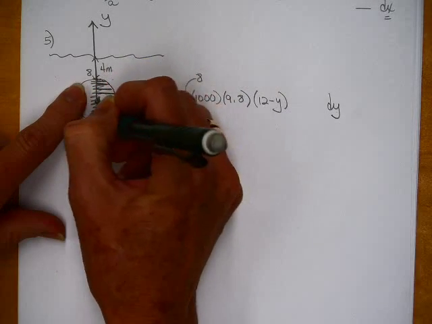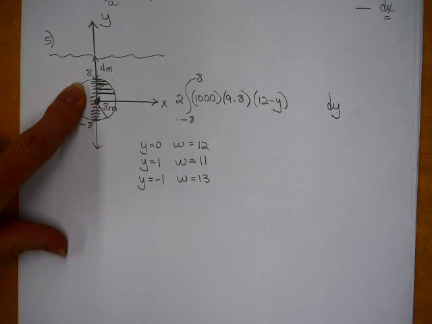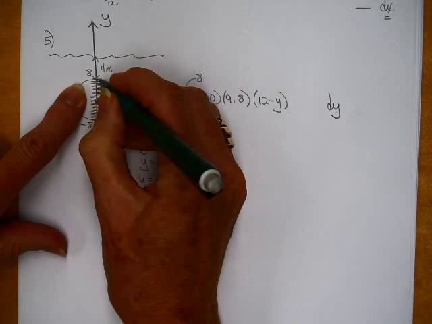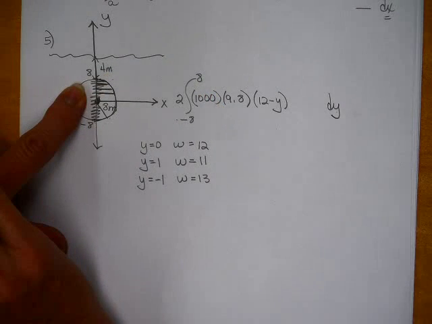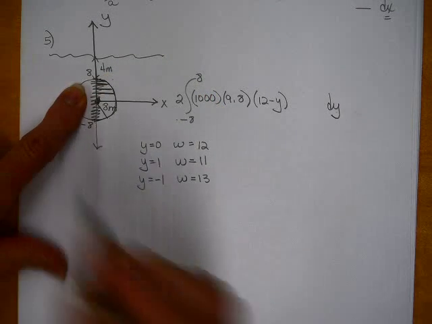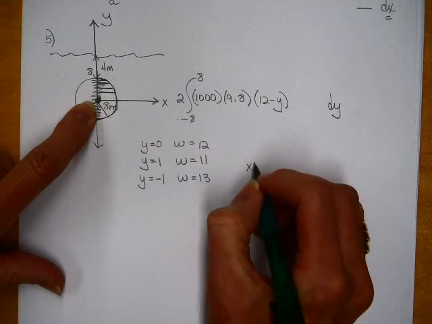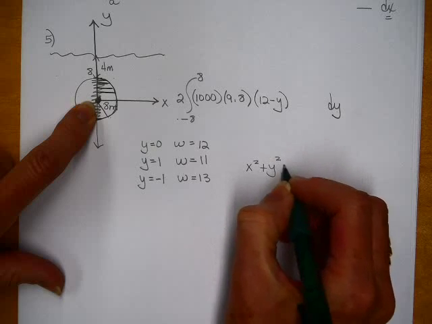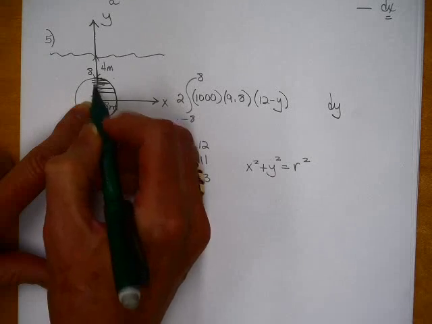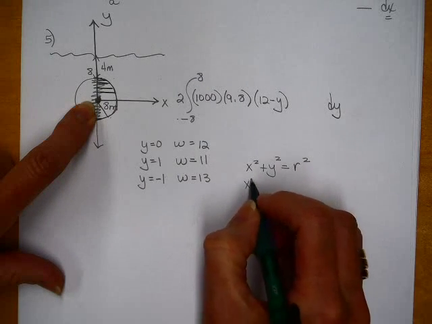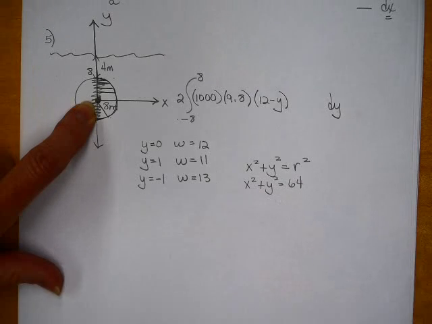These are changing according to this line right here, which means for my problem, I need to find the equation of this right here, which is a circle or a semicircle. Now you should remember that the equation of a circle centered at the origin is x squared plus y squared equals r squared. In this case, my radius is 8, so this is x squared plus y squared equals 64.